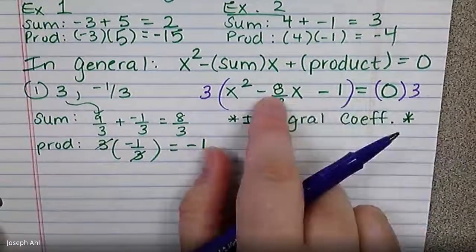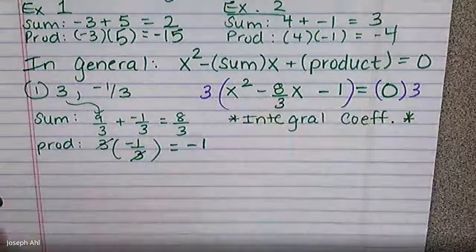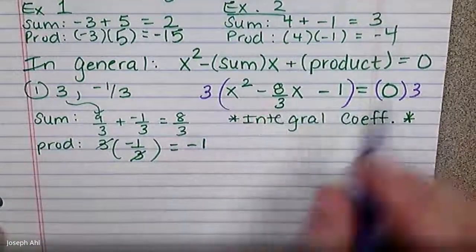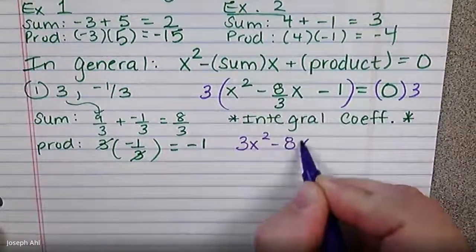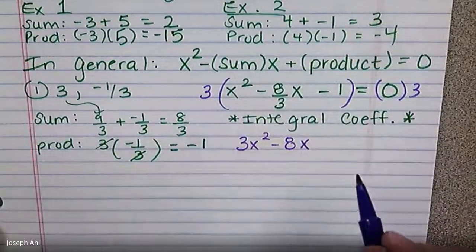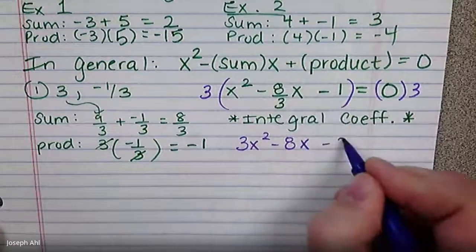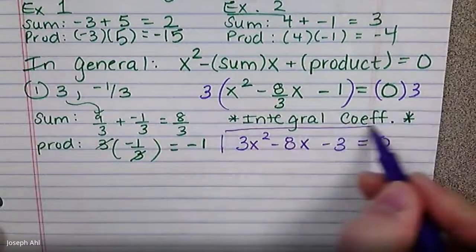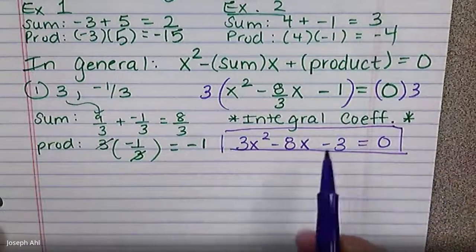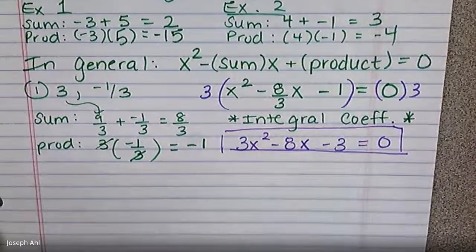If you have multiple fractions here, you'd multiply by the LCD of both. But it's pretty easy to just distribute a 3 here to get 3x squared. Now the middle term is minus 8x, and then -3 at the end equals 0, because 0 times 3 keeps that a 0 at the end. That's the equation I'd want to see as your final answer.